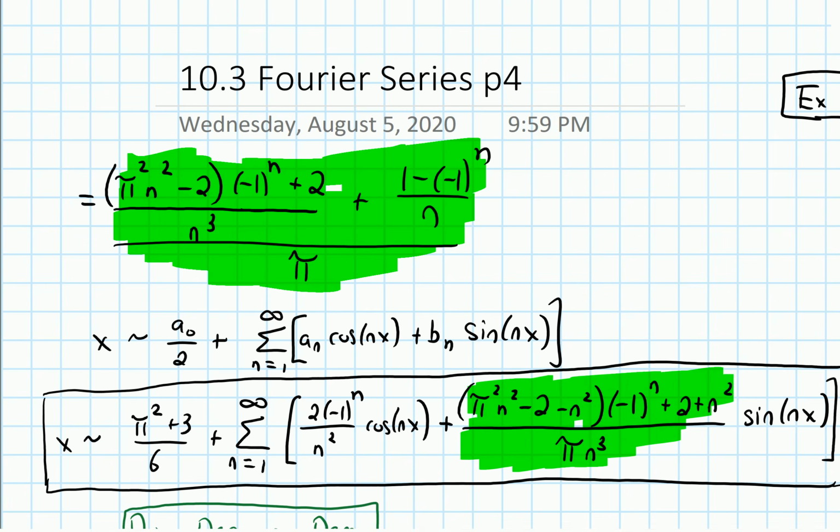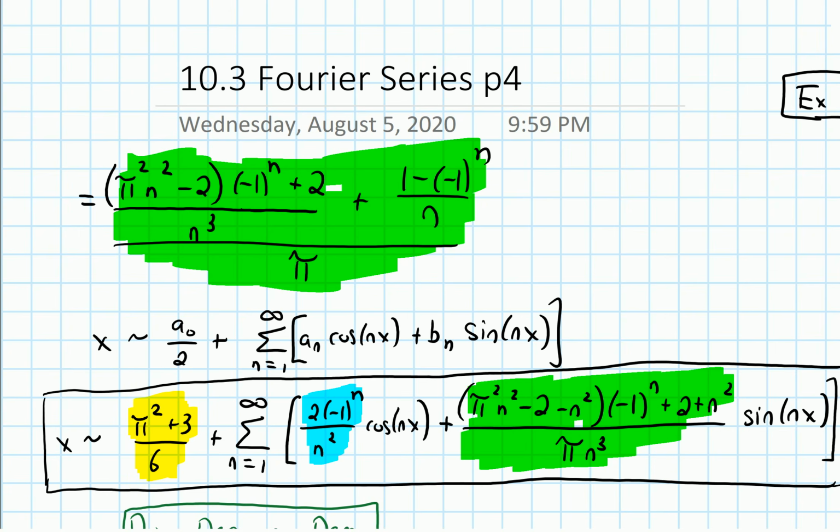The coefficients of the cosine terms, that's what we got. That's the derivation that we just did before this. Let's do a different color. That one we worked out together fully, and the constant term was this. All right, so that is our Fourier series.